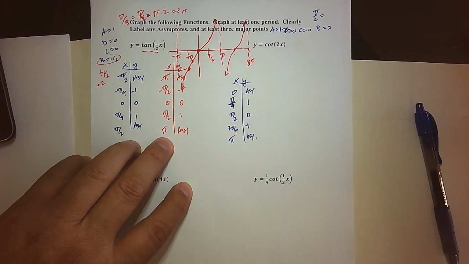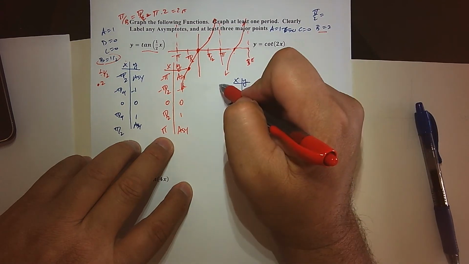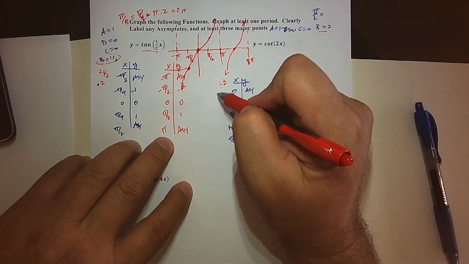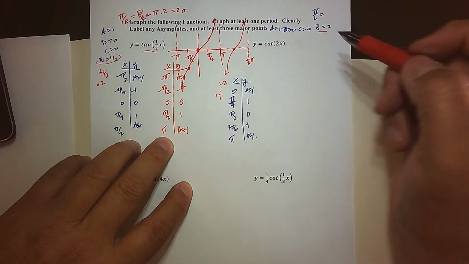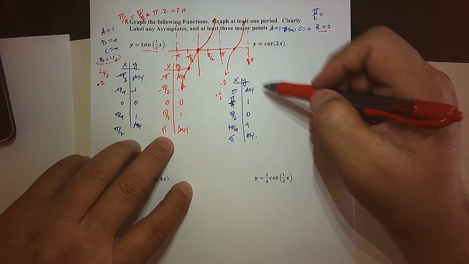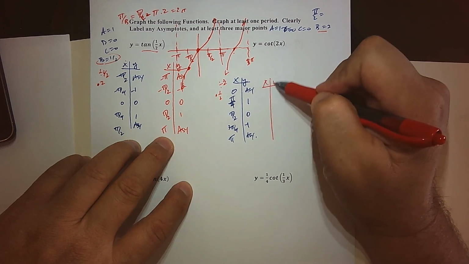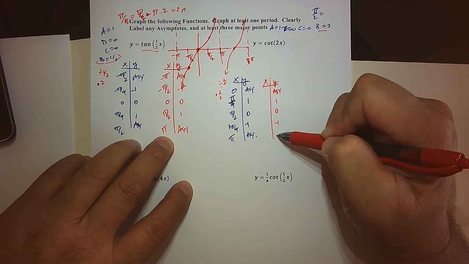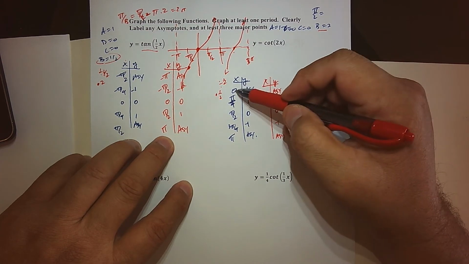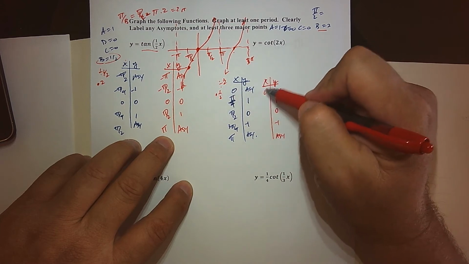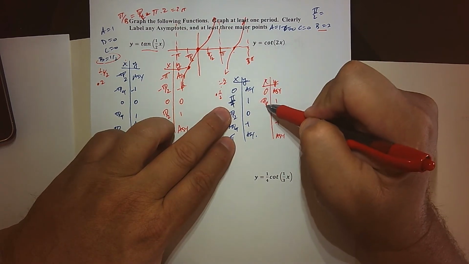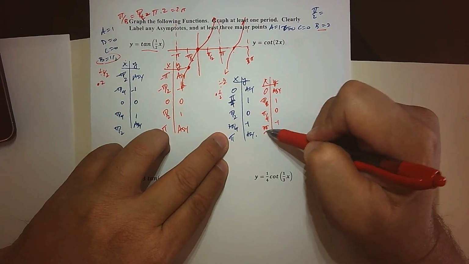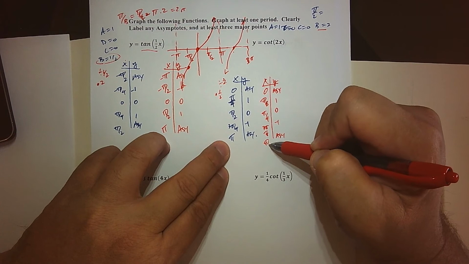So the only thing we have is B, that means we're going to take all our x values and divide them by 2. Of course, if I divide by 2, that's the same thing as multiplying by a half. So my new x data in red here, we're still asymptotic, 1, 0, negative 1, and asymptotic. If I multiply a half to 0, we get 0. We get pi over 8, pi over 4, 3 pi over 8, and then pi over 2.